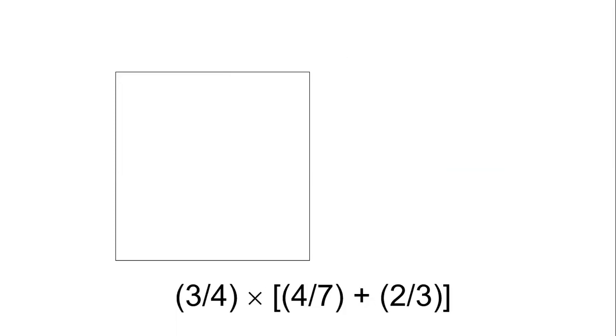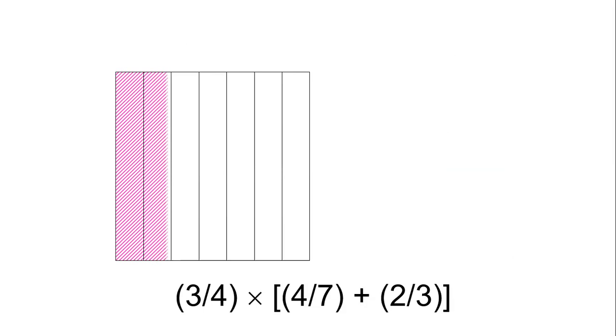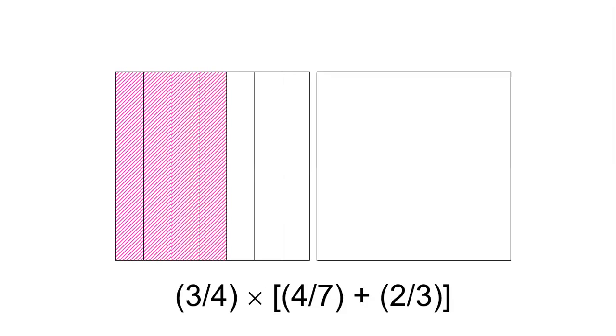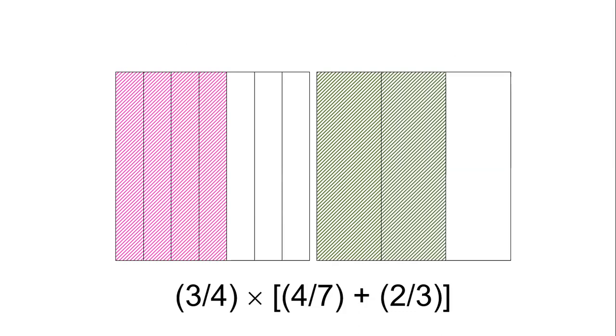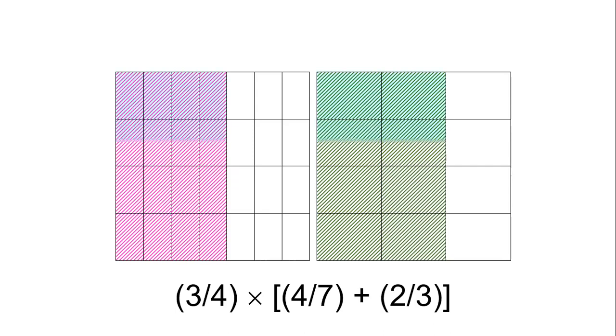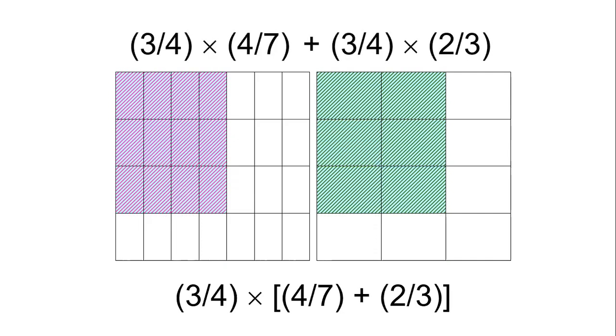On the other hand, this is 4/7 and this is 2/3, so the total shaded area is 4/7 plus 2/3. And we are going to take 3/4 of that. Now this is identical to the picture we had generated earlier, so both are equal.